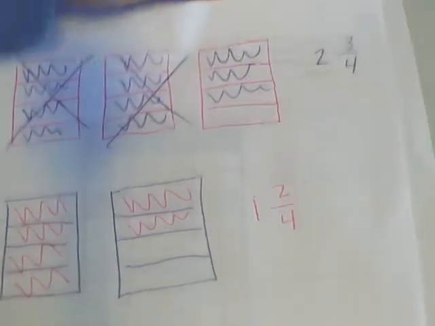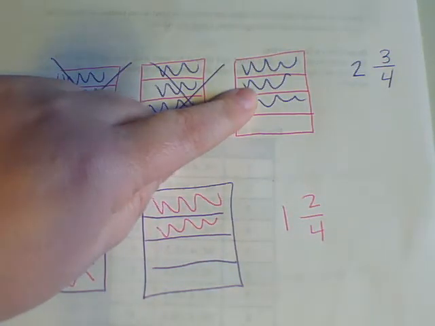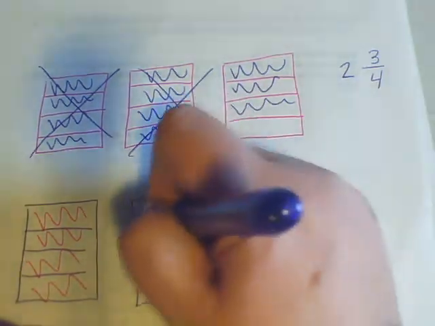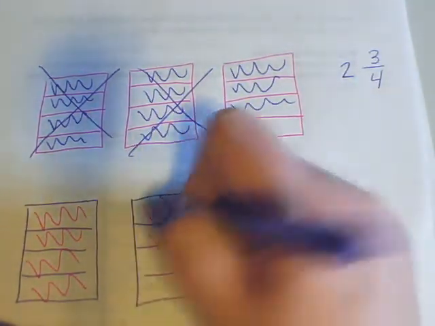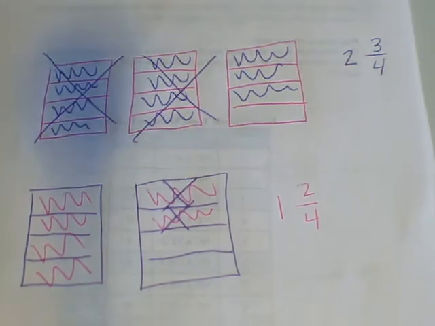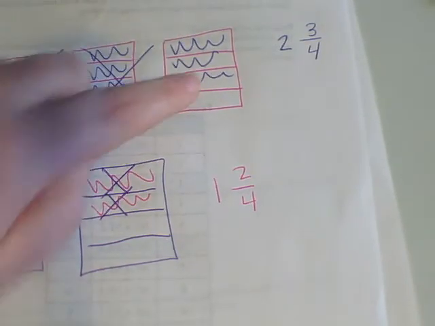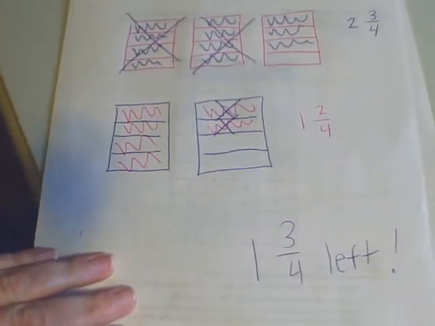I only need 3/4 left. 1, 2, 3. There's 3 right there. So I'm going to get rid of 1/4 here and 1/4 there. So this shows me that they had 1 3/4 left.